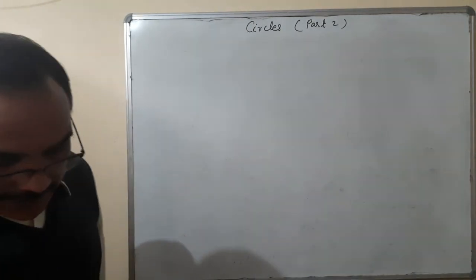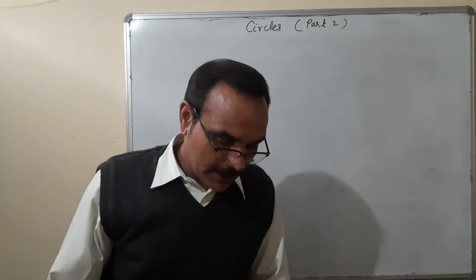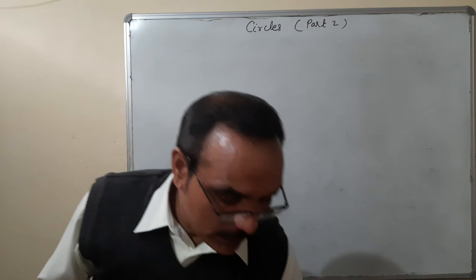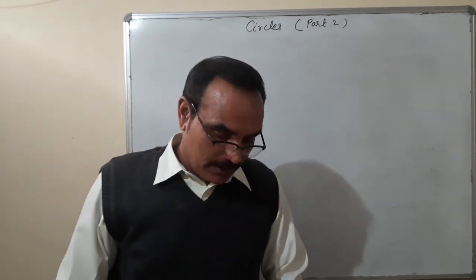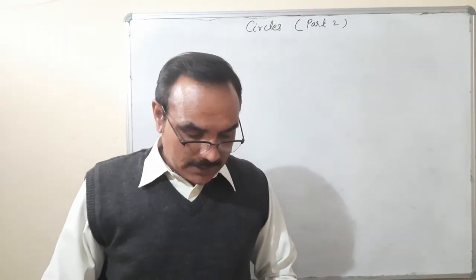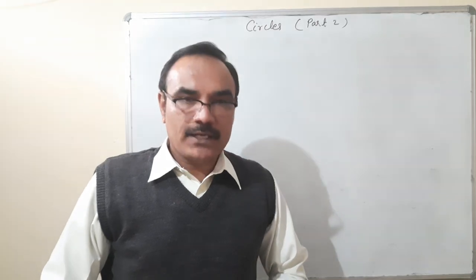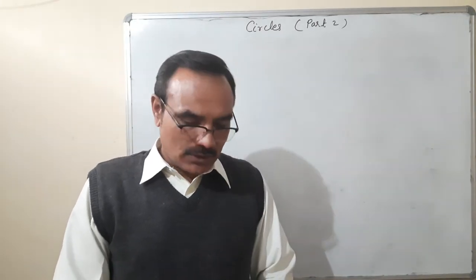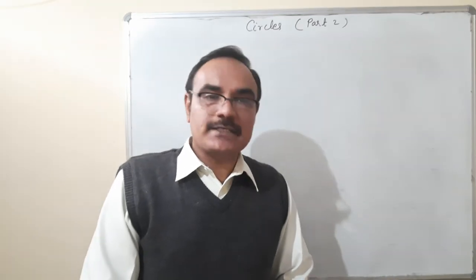In this Exercise 10.5, there are 12 questions and we'll have to discuss many. So in my next lecture, we'll discuss this Exercise 10.5, and you should remember all these 12 or 13 theorems, because these theorems will be used in solving the questions of Exercise 10.5.